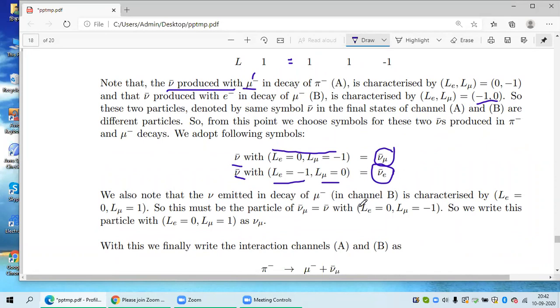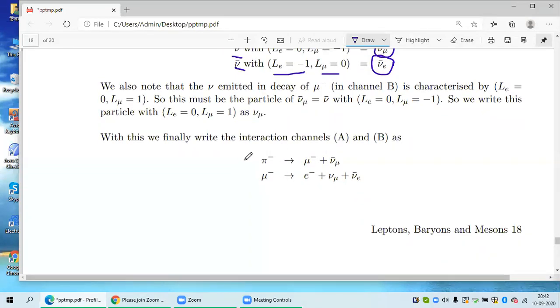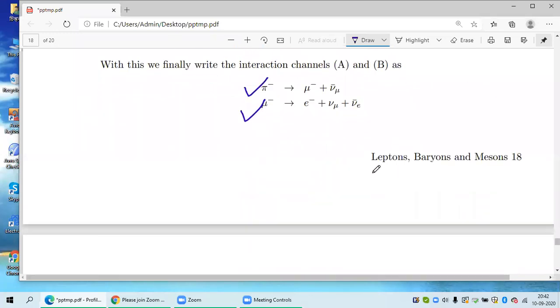So now pion decay and muon decay, A and B, can be written like this. Is it clear? All the three particles are different. You understand how I get it?